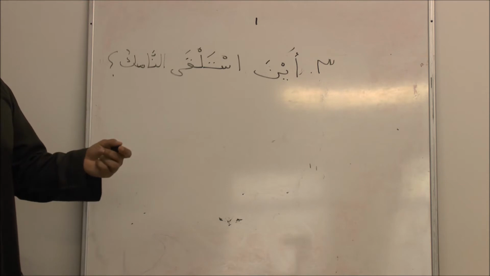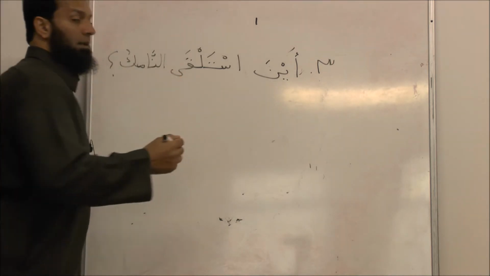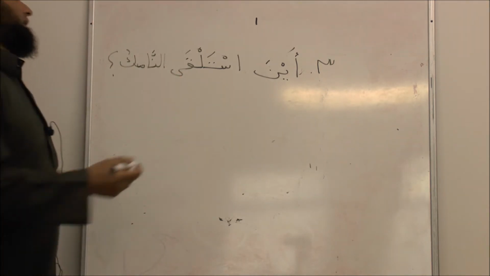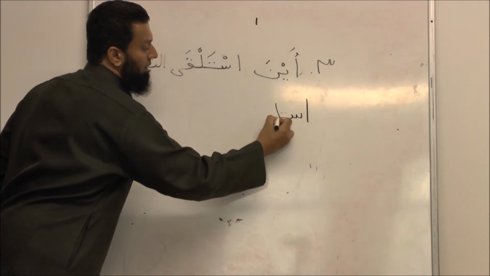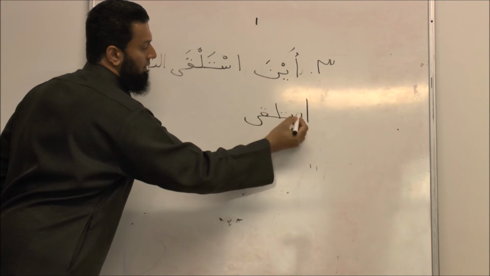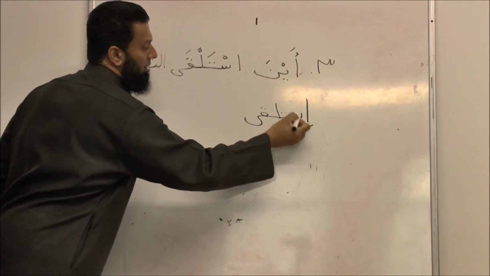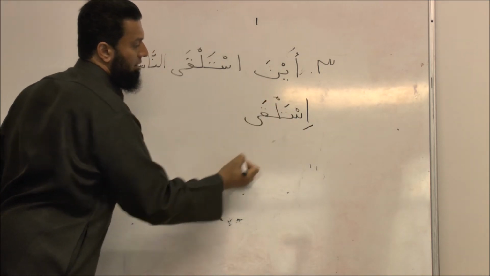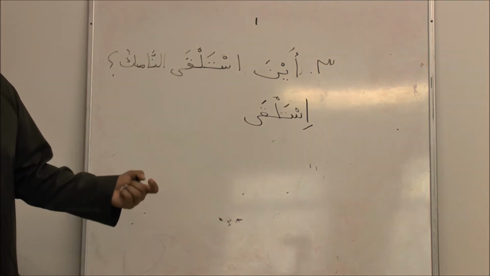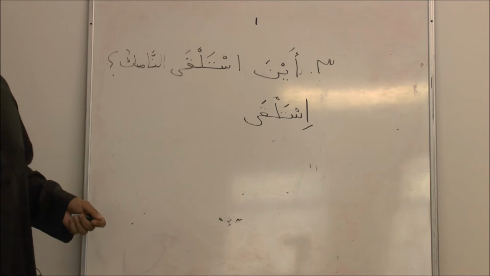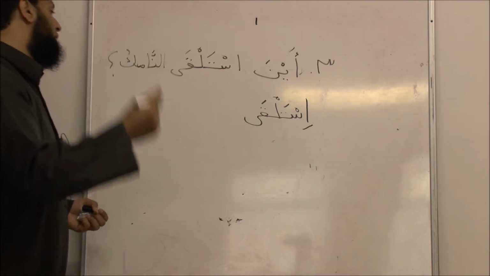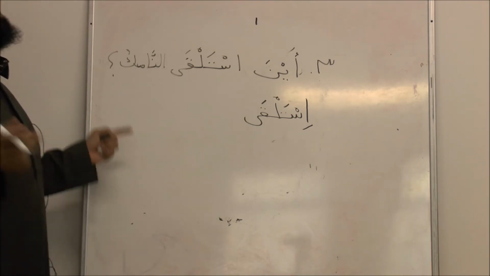So how are we going to answer this question? We're going to begin with istalqa, because it's a fi'lun, and we're going to answer the question with the jumlatul fi'liyya. Wal-jumlatul fi'liyyatu tabda'u bil-fi'li.